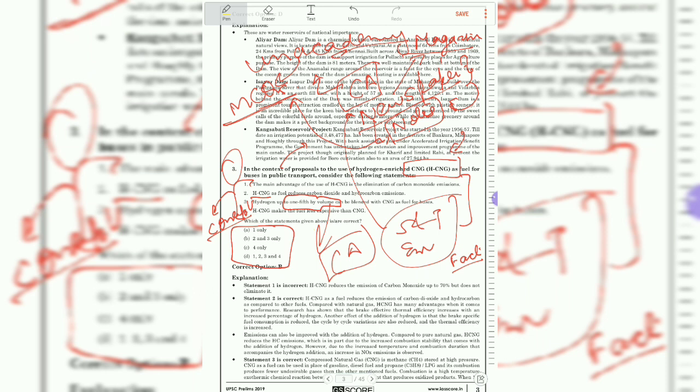Let's see. In the questions, the answers are hidden. Like, the main advantage of use of SCNG is hydrogen CNG. Obviously, we have improved CNG. So for what have we improved CNG? For reducing carbon dioxide, hydrocarbon emissions, and pollutants like carbon monoxide, right?